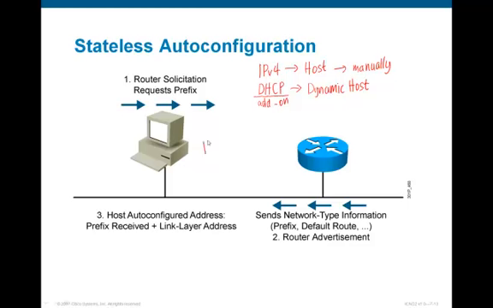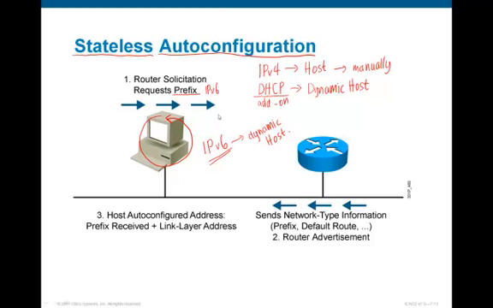Now, when the IPv6 protocol was being developed, it embraced the idea of dynamic assignment of IPv6 addresses to hosts, as done by the feature of DHCP. Instead of being done by DHCP, they wanted hosts to be able to dynamically assign IPv6 addresses to themselves. The solution the IPv6 protocol came up with is called stateless auto configuration, whereby when the IPv6 host boots up, it requests the prefix of the IPv6 address.